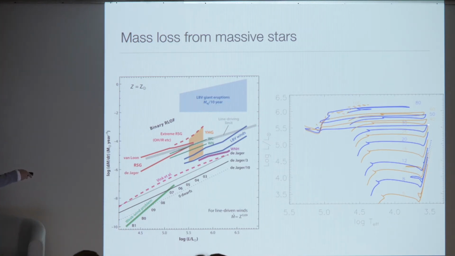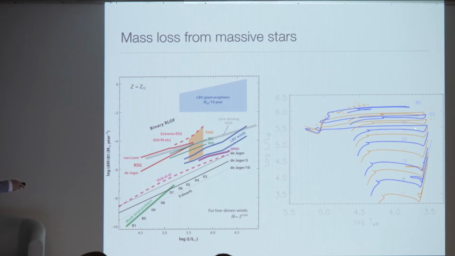What is causing this is the mass loss. Until about 25 solar masses, the star will not lose a lot of mass, and it can keep the hydrogen-rich envelope until the end of its life, which is why the star will end up collapsing at the red supergiant stage.